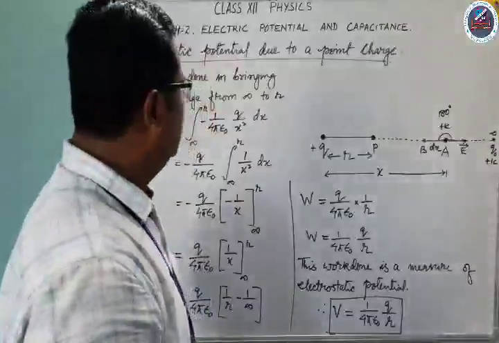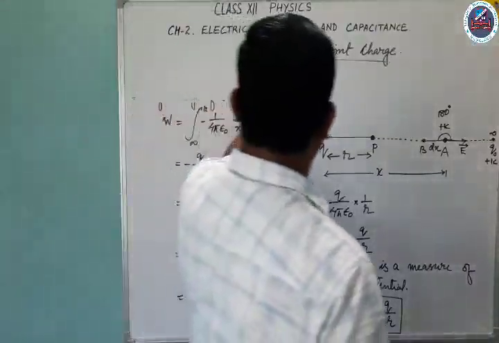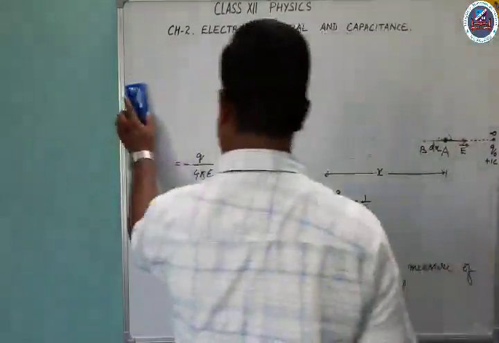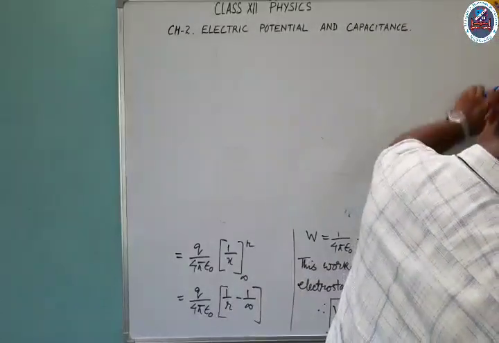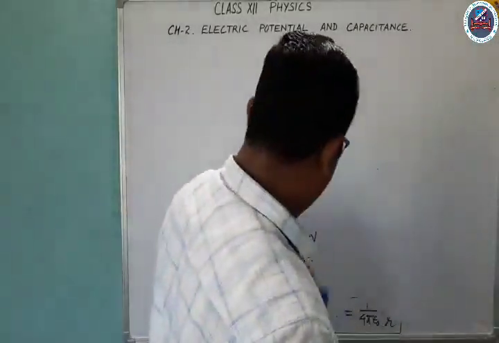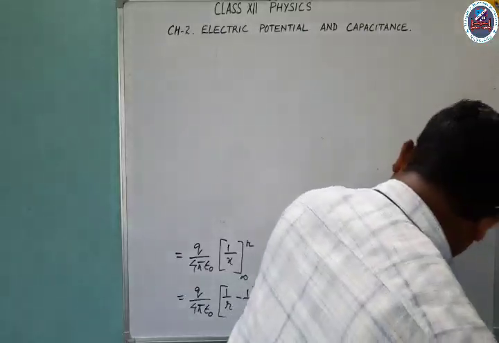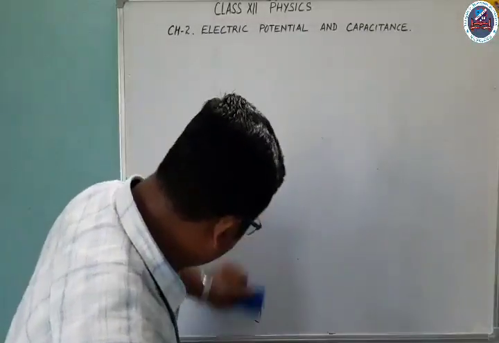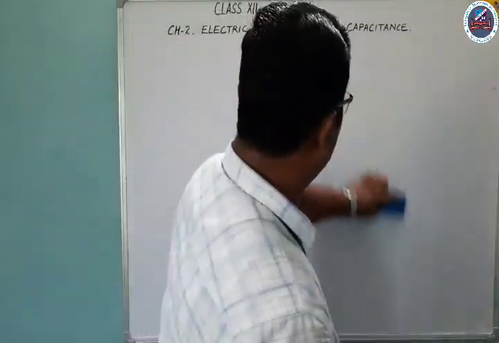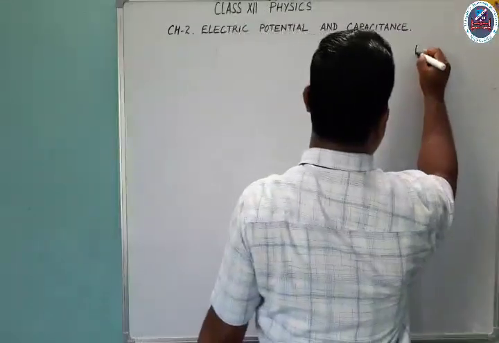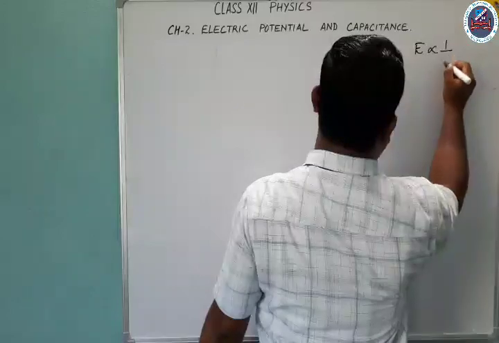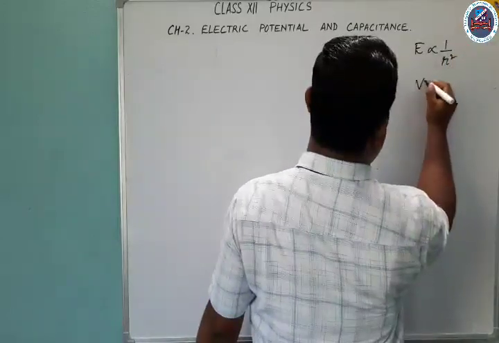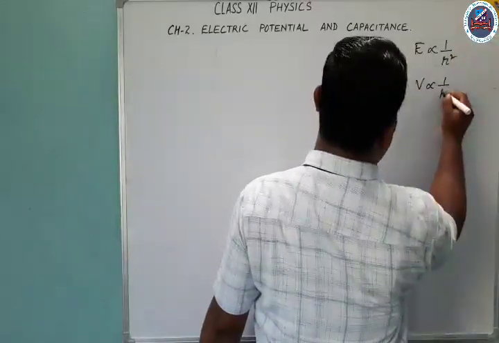The difference between these two, electrostatic potential and electric field intensity, is like this. E, electric field intensity, is inversely proportional to 1 by r squared, whereas electric potential is inversely proportional to 1 by r.